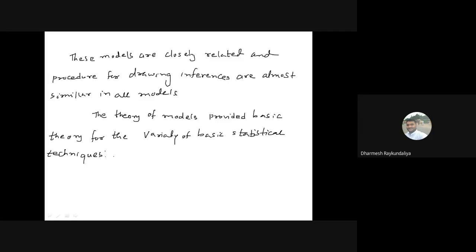For example, analysis of variance. Y is, let us say, the yield of a product, and X is a treatment. So you can use the ANOVA models.